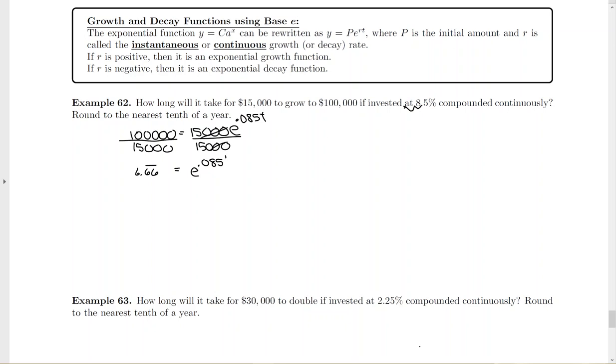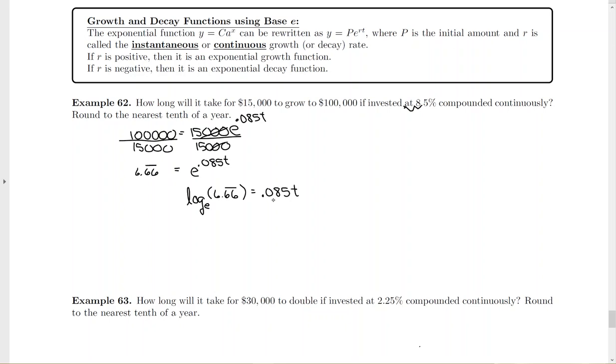e to the 0.085t. It's an exponent, so I need a log to solve it out. Log base e of the 6.66 with a bar above it. So I'm not just stopping at 6.66; I'm actually going to type it all into my calculator. Equals the power.